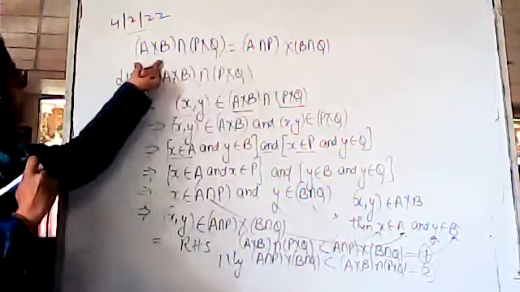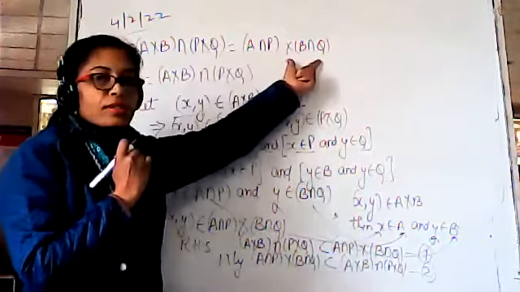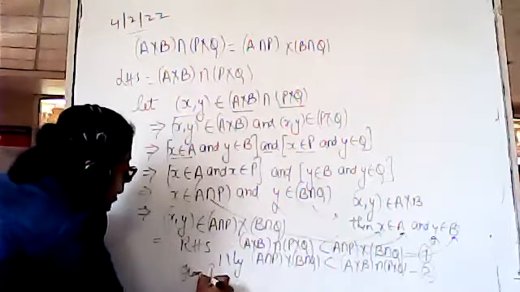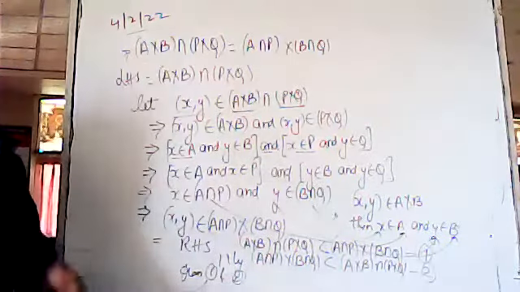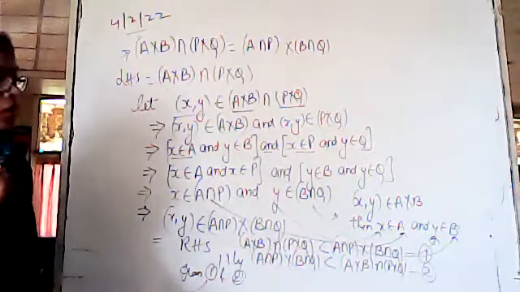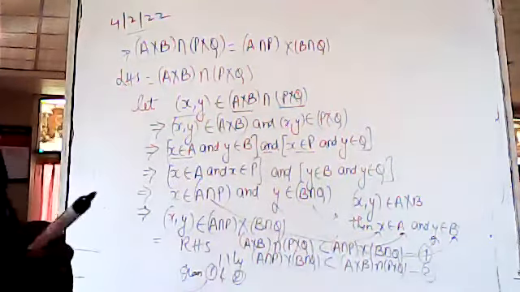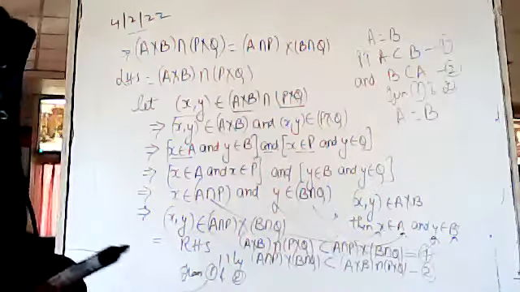That is, (A cross B) intersection (P cross Q) equals (A intersection P) cross (B intersection Q). Fine, so this is how we can prove it. Just take the left-hand side and proceed.